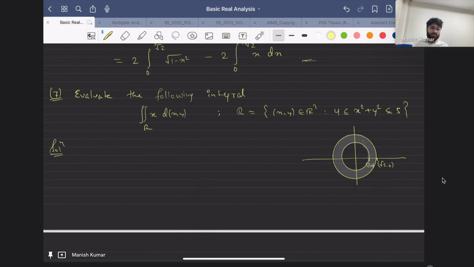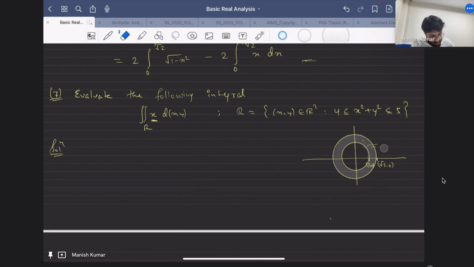If you have to consider the area, then I think it's correct that if you integrate 1 over this first region, dxy, and then multiply by 4, you get the whole integral. But here you see this x is also there. Yes, sir. Okay, so that we cannot do.